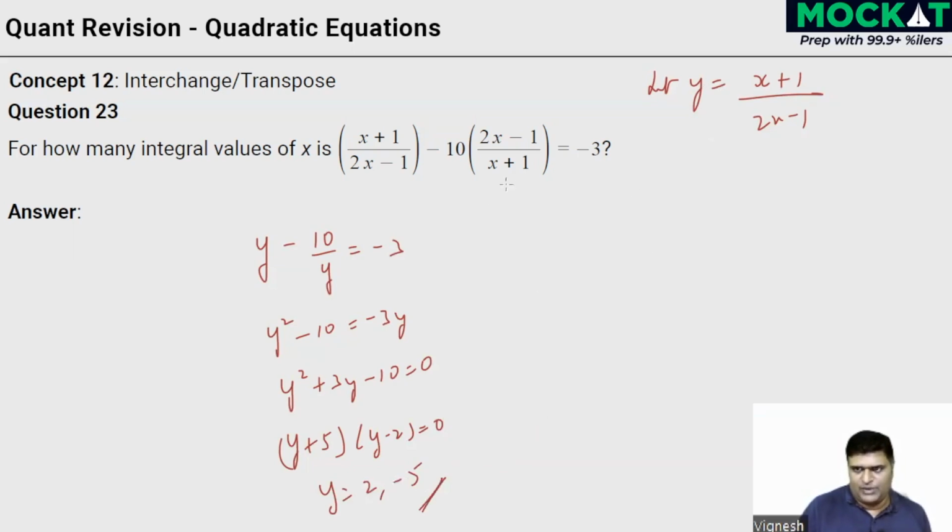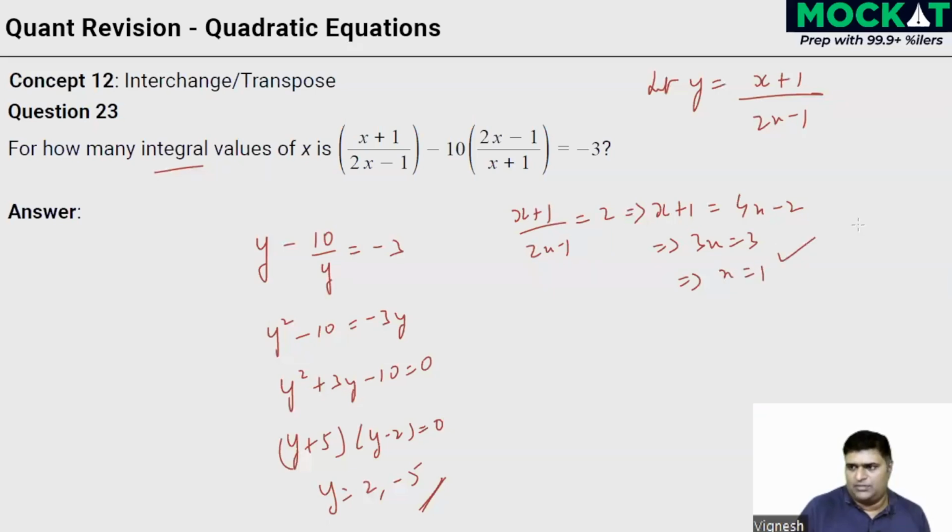So try out the first value, see if you're getting an integer value for x. So if x plus 1 by 2x minus 1 equals 2, then what are we getting? x plus 1 equals 4x minus 2. You get 3x equals 3. Yes, x equals 1 satisfies. You're getting an integer value there.